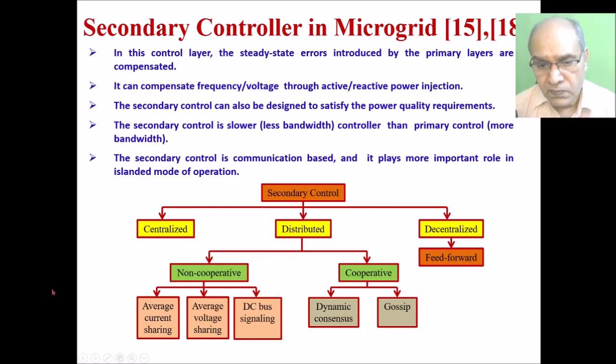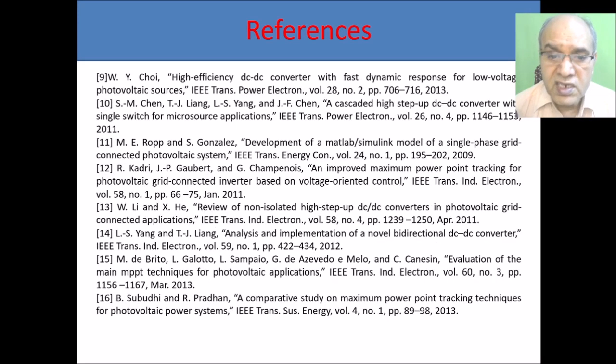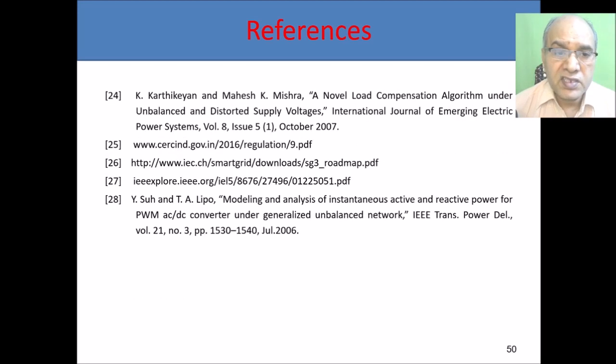Then they have other classifications, non-cooperative, cooperative, and there are further classifications that you can study in your project research work or in other courses taught at the institute. All right, so these are some references that you can go through after listening to this presentation, and depending upon research interest, you can choose some of the areas in your MTech, MS, PhD, or in your BTech project work as well.